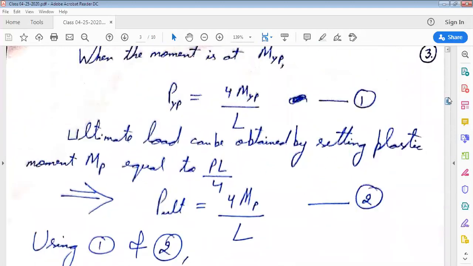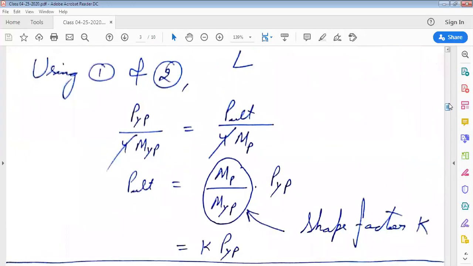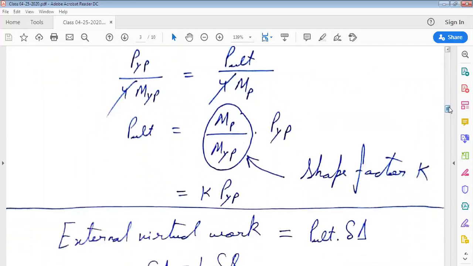Now using equations 1 and 2, we can very easily arrive at P ultimate equal to MP by MYP into PYP, where MP by MYP is called the shape factor K. So you can write P ultimate equal to K PYP. And this ultimate load P ultimate is greater than the yield point load PYP by the factor K.